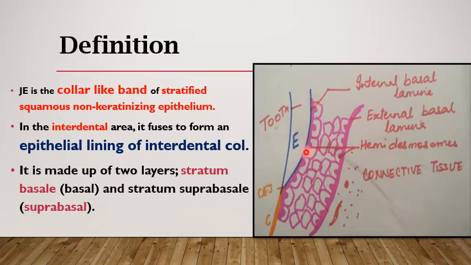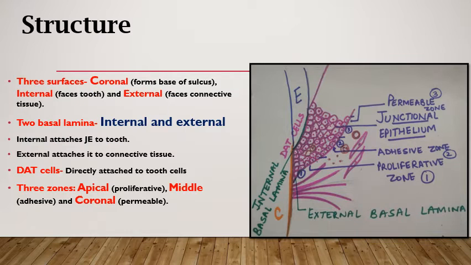So they rest on the tooth surface with the help of internal basal lamina, and it is separated from the connective tissue with the help of external basal lamina. So all these are basal layer of cells, and then there is a suprabasal layer of cells. If we come to structure, it has three surfaces.